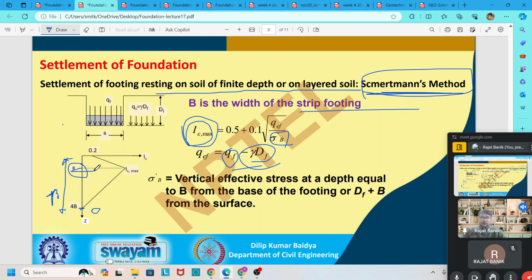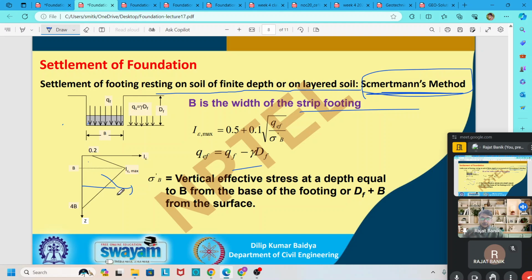So first we draw this triangle to solve our problem. Before solving, we construct this triangle and divide it into layers for different properties.